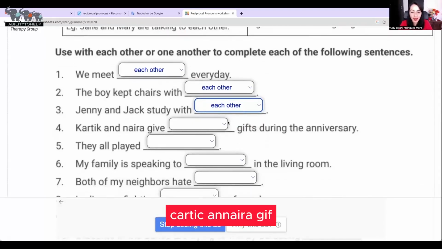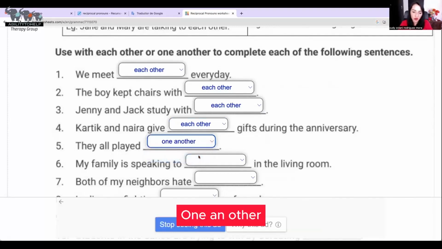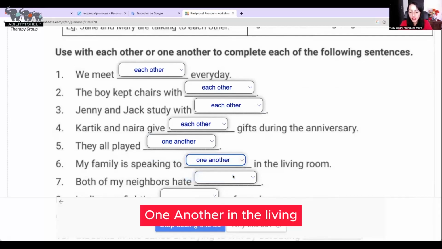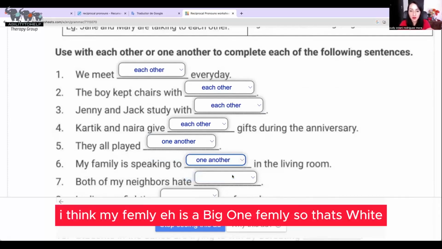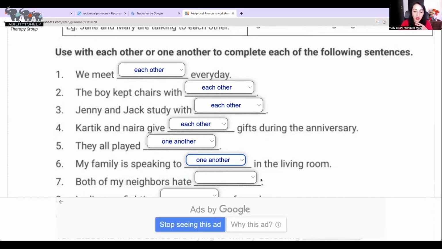Karthik and Naira give each other gifts during the anniversary. They all play one another because I think they are many people. My family is speaking to one another in the living room. I think my family is a big family, so that's why I choose one another, because there are many people in my family.